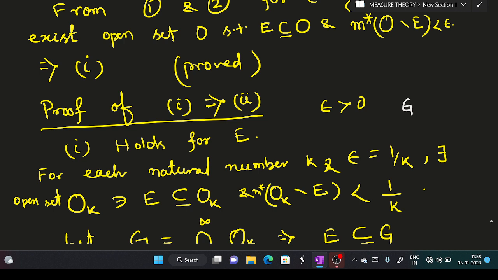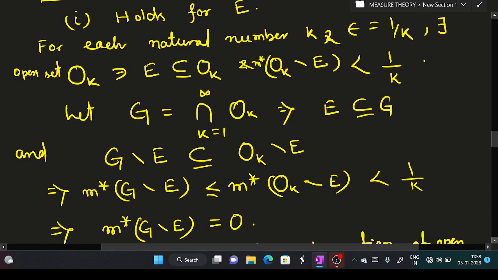And for E, we have an open set O_k such that E is a subset of O_k and the outer measure of O_k difference E is less than 1 by k. So for every epsilon equal to 1 by k we will get such an O_k.